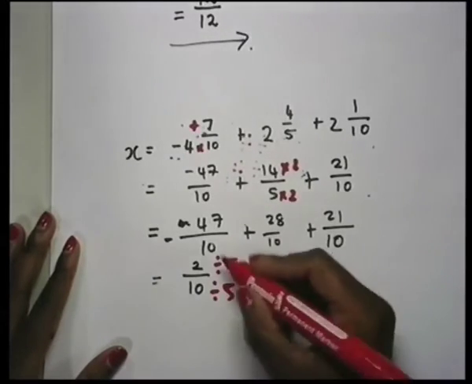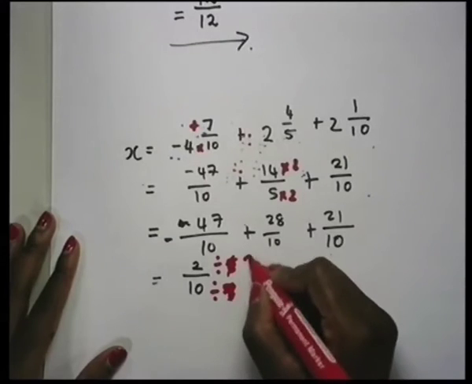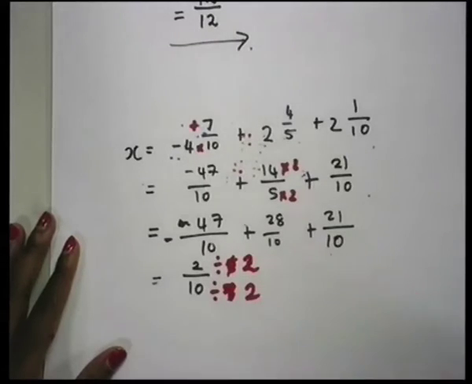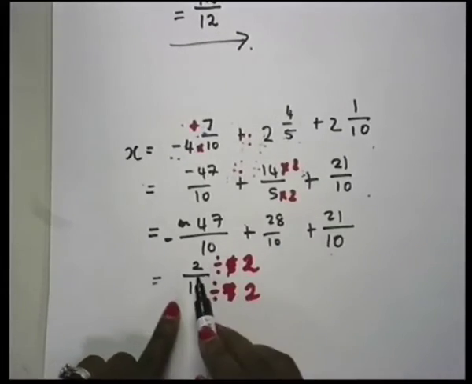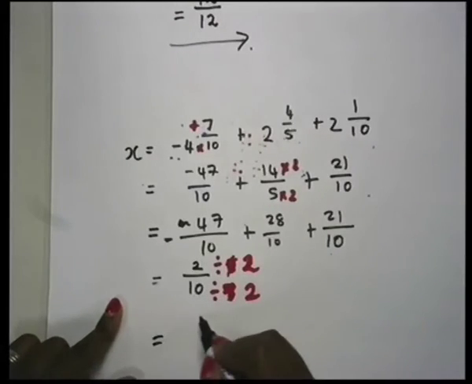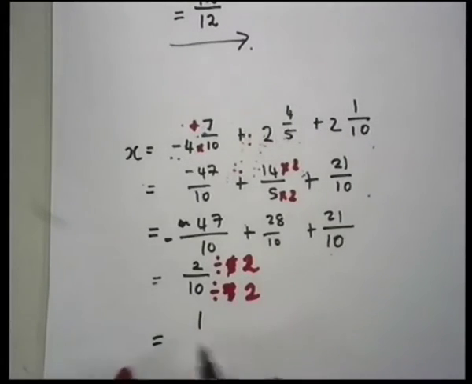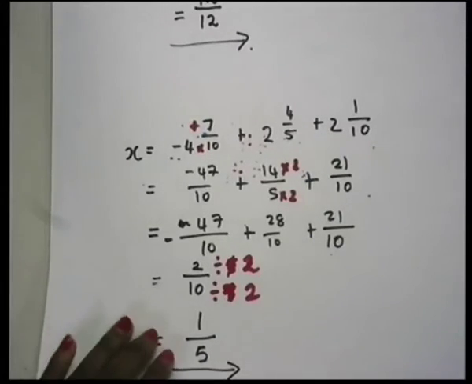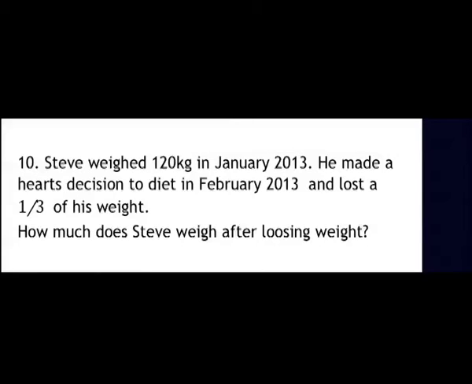Sorry, by dividing by 2. My humble apologies, by dividing by 2. So 2 divided by 2 is equal to 1, and 10 divided by 2 is equal to 5. So our answer is equal to 1 over 5. We're going to move on to question number 10.